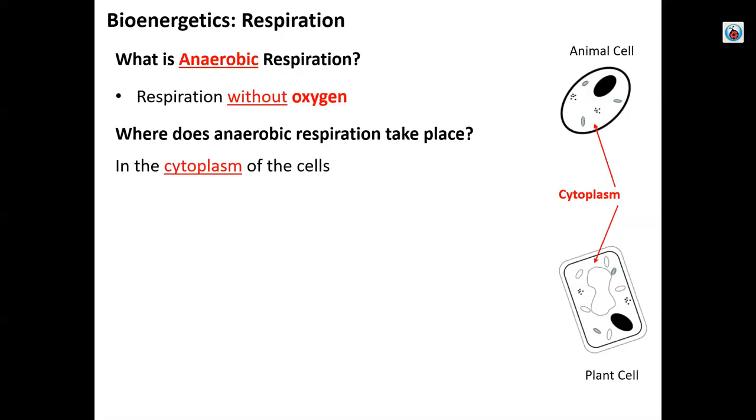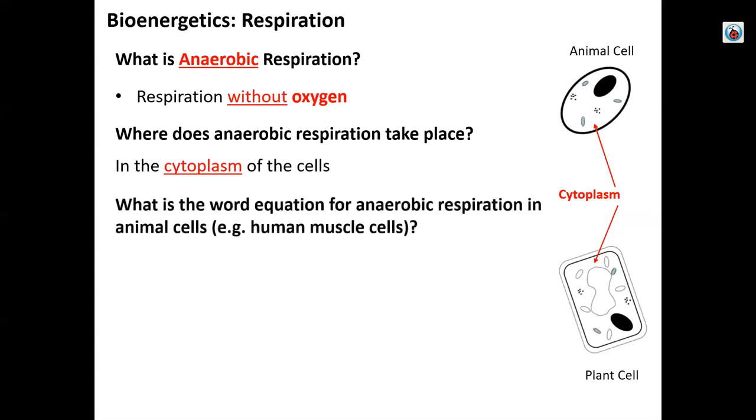Now, the first thing I'm going to give you is the equation for anaerobic respiration in animal cells, such as human muscle cells. And what happens here is the glucose is broken down into a substance called lactic acid. During this process, a small amount of energy is transferred.